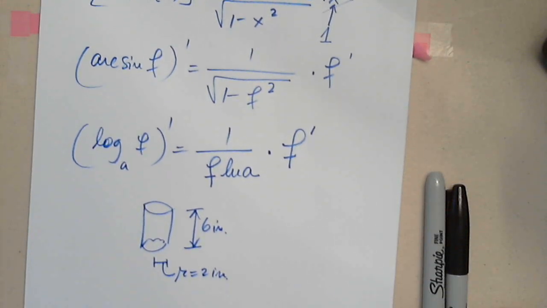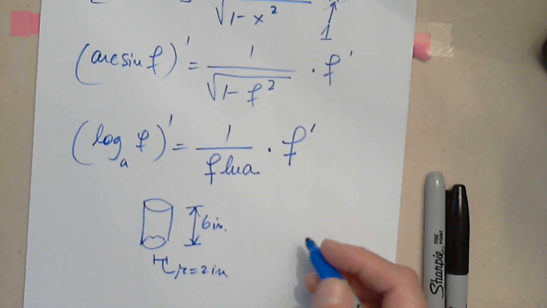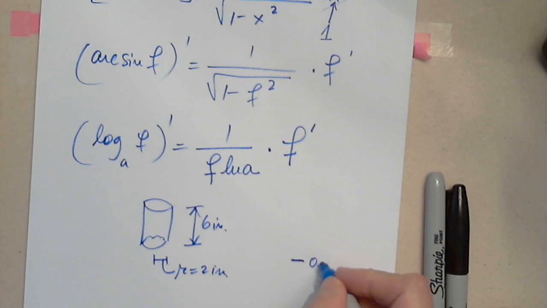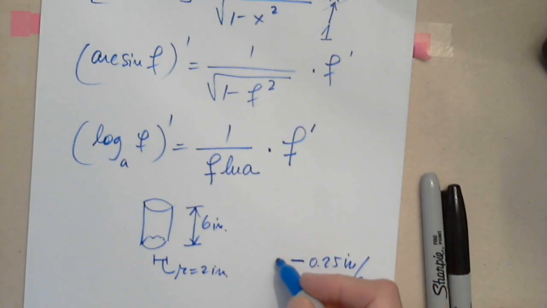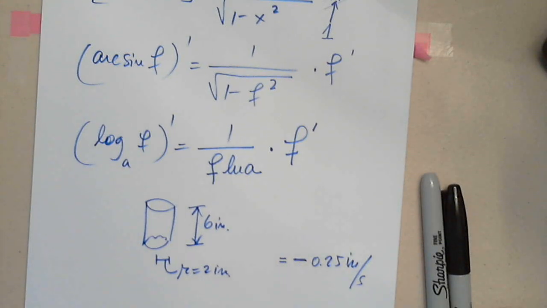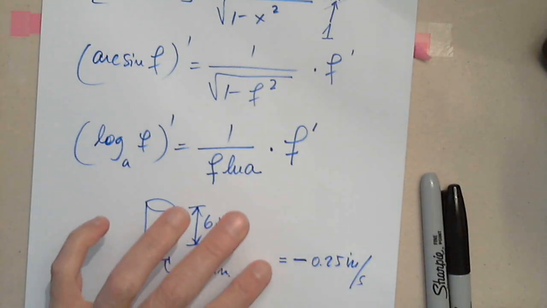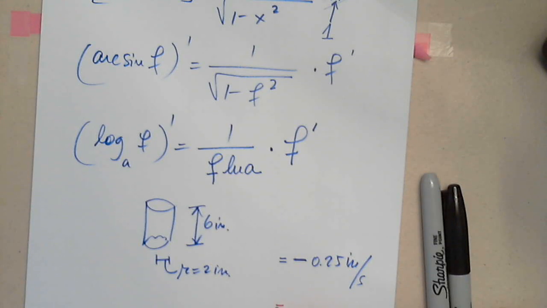Knowing that the depth of the soda decreases at a constant rate of 0.25 inches per second. So what is this, and what are we asked to determine?